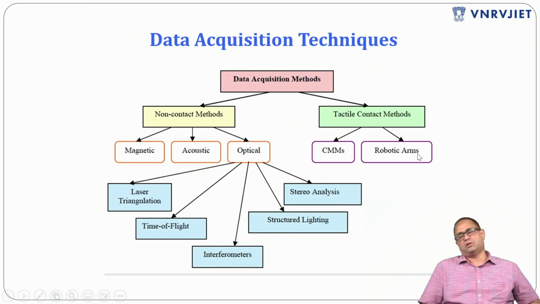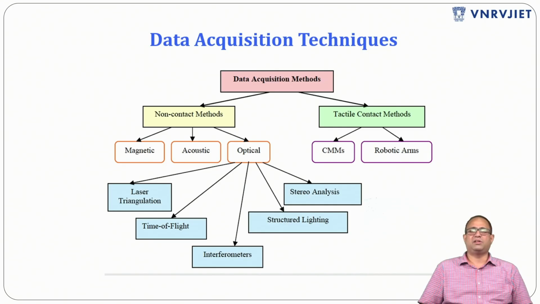The robotic arm is also equipped with probes, which contact the surface, and that data is captured. The CMM also has a probe; the same probes are attached to robotic arms. But they go for robotic arms to obtain several degrees of freedom.